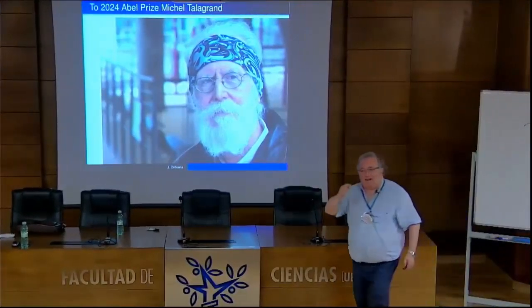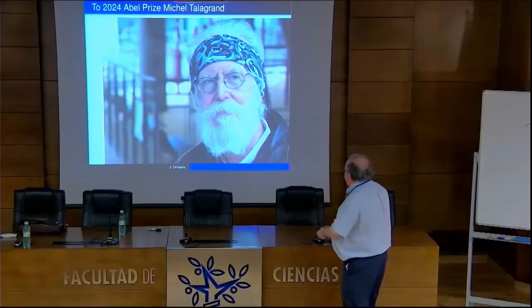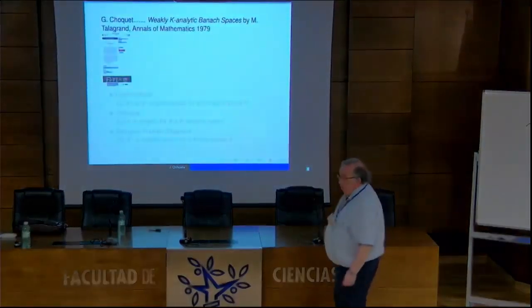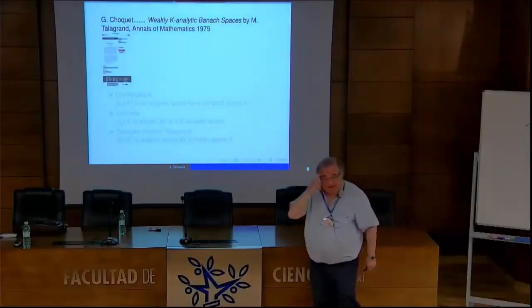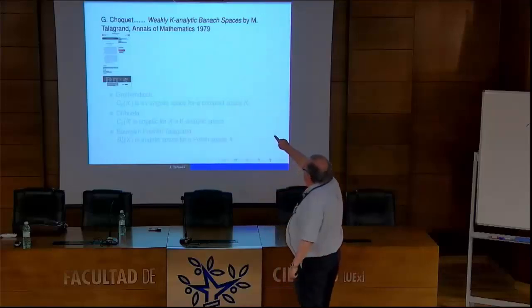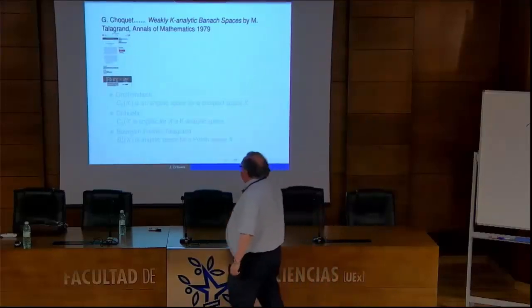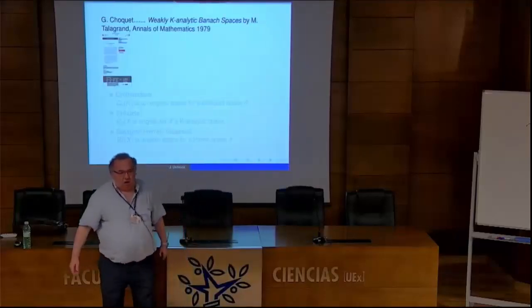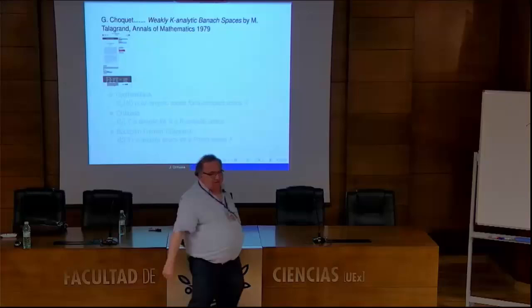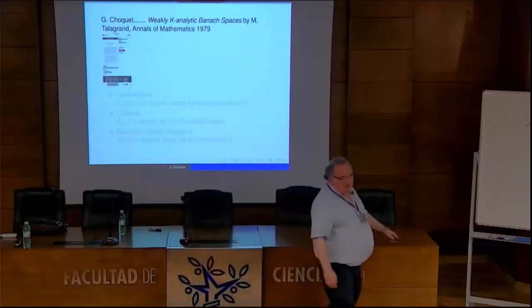Mr. Talagrand was the first one to begin this, because Choquet was the director of his thesis. And he did a paper, Weakly K-analytic Banach Spaces, published in Annals. How many of you have a paper in Annals? I'm sorry to say.